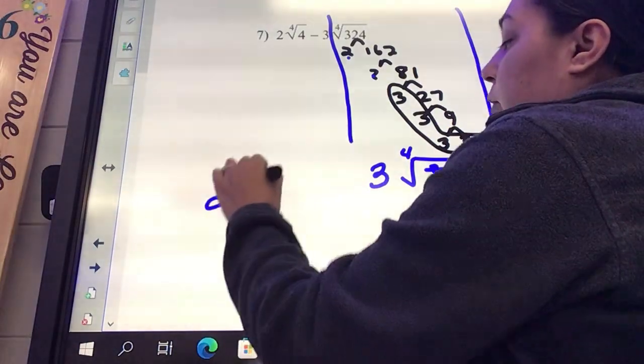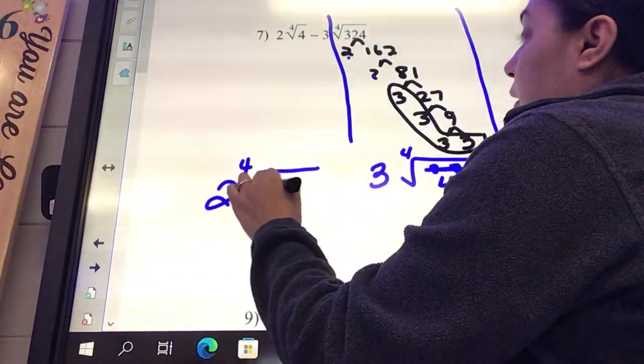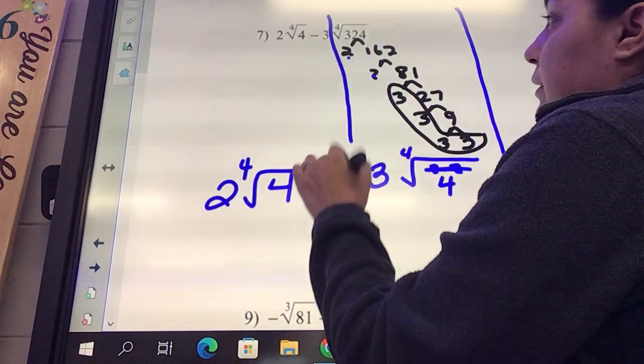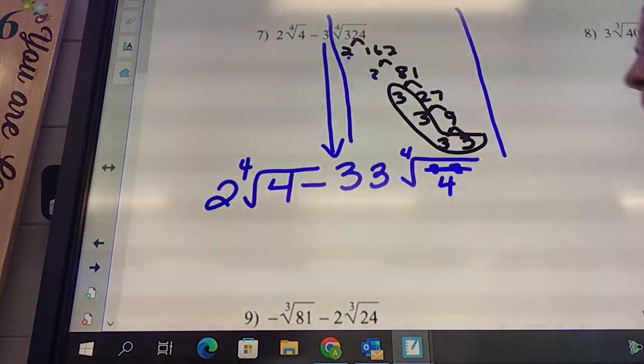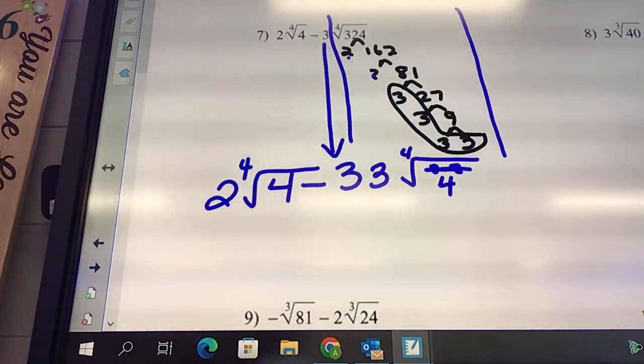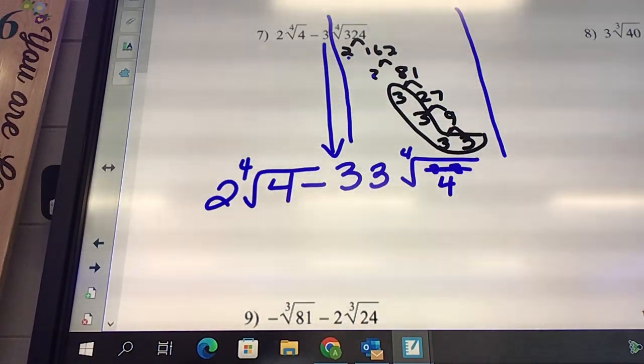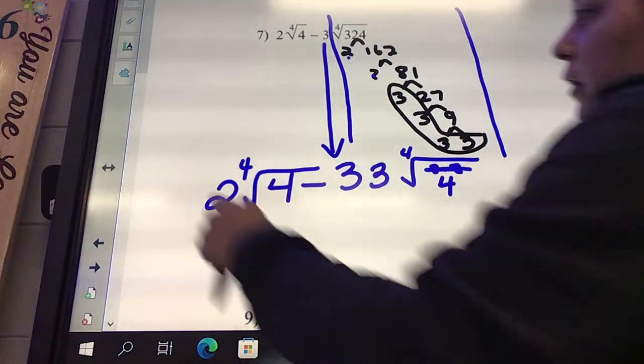So I got 2 square root of 4, 4 minus, and don't forget to drop down this 3. So it's 6. And what do you do with those 3's? Multiply them.